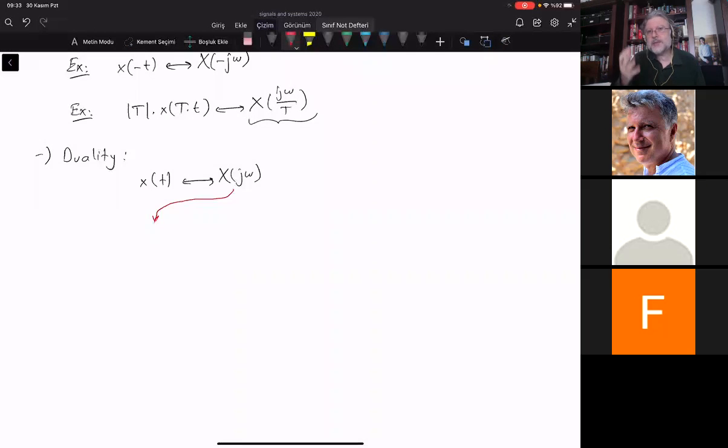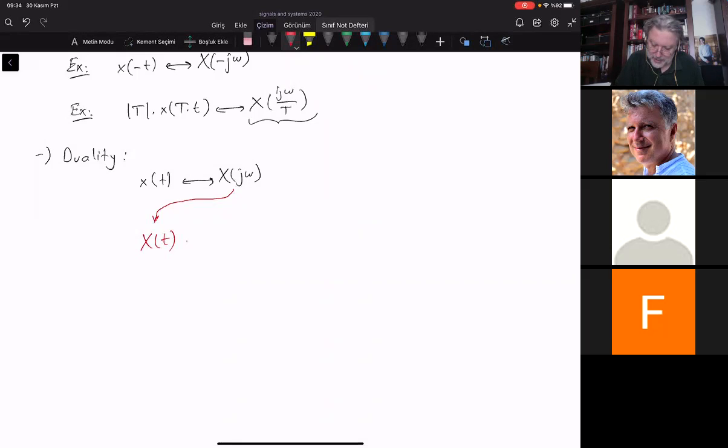So your new time signal looks like a Fourier transform that you already know. But you make it a time signal, capital X of t.